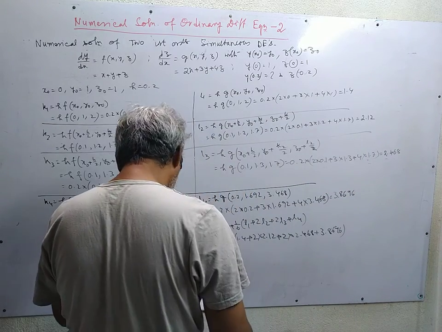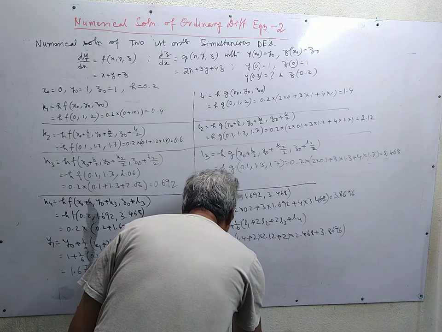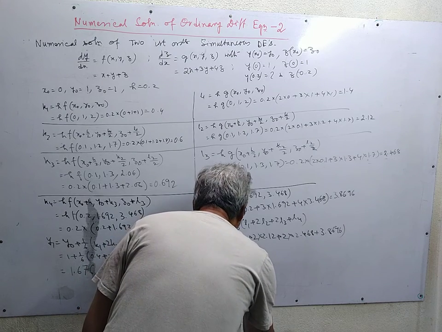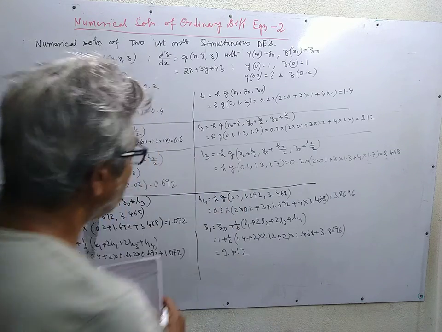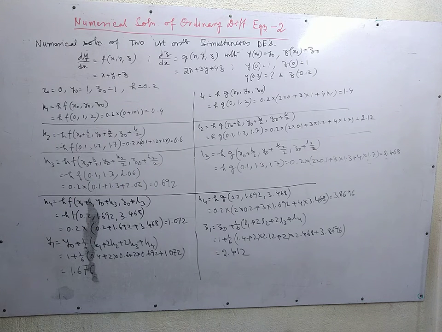On simplification, this comes out to be 2.412. So by this way we solve two first order simultaneous linear differential equations using Runge-Kutta method of order 4.